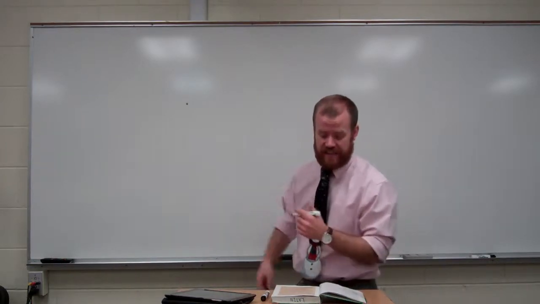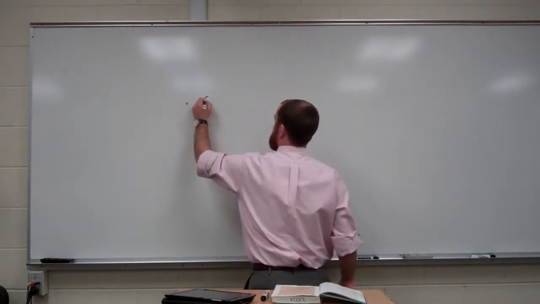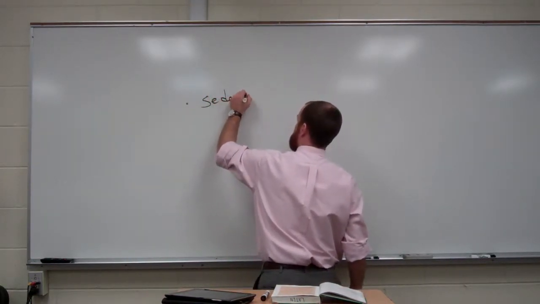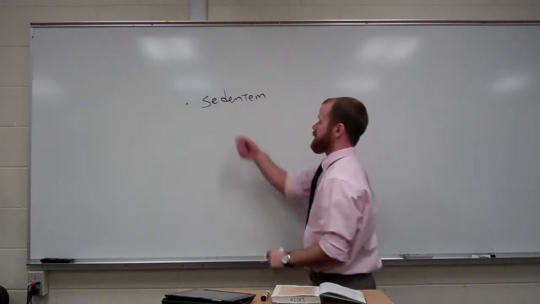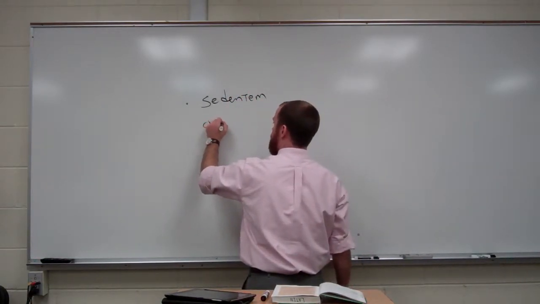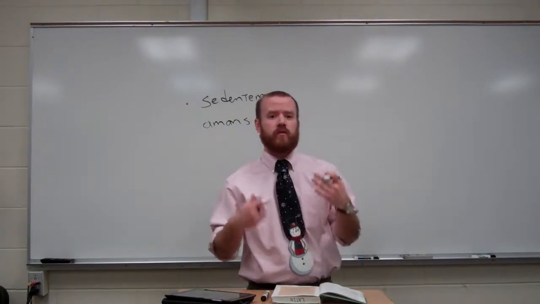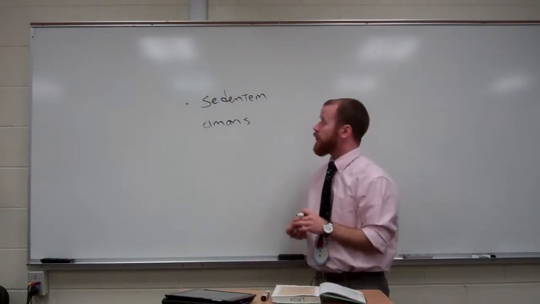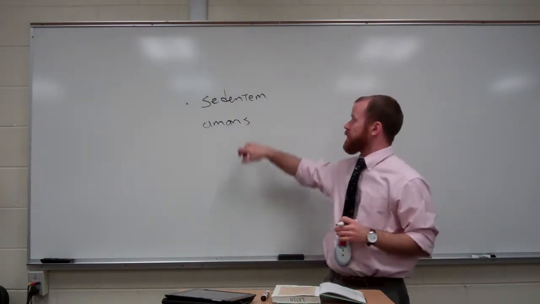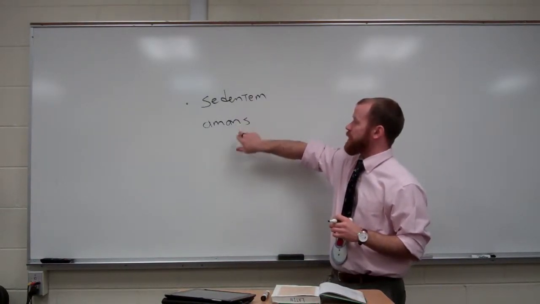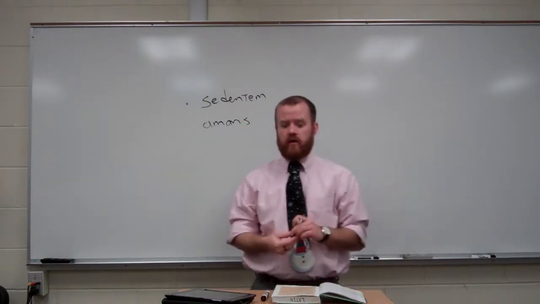Identifiable by that NT. So, for example, sedentem, sitting, or amans, loving, alright? And we translate those with the ing. Okay, so they come from the present stem. They have this form added into them, and that's what makes them a participle.